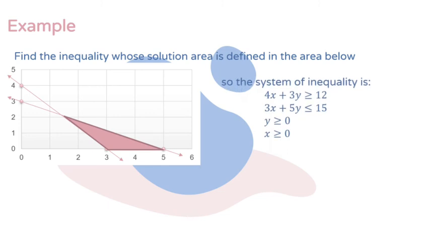So the system of inequalities is 4x plus 3y greater than or equal to 12, and 3x plus 5y less than or equal to 15, y greater than or equal to 0, and x greater than or equal to 0.